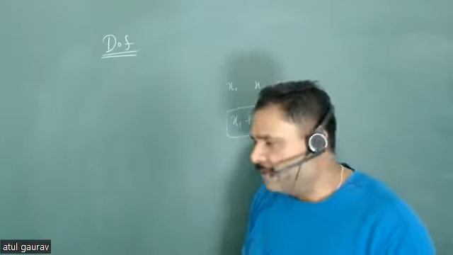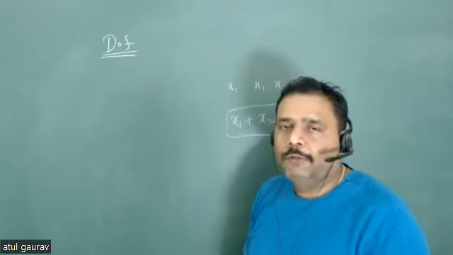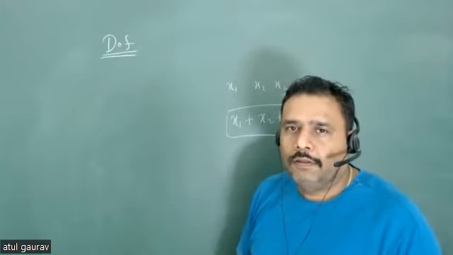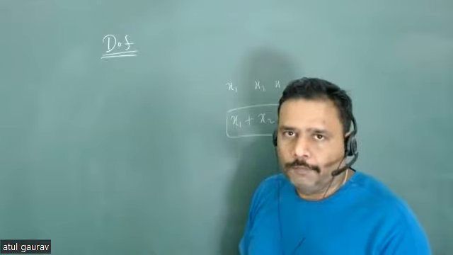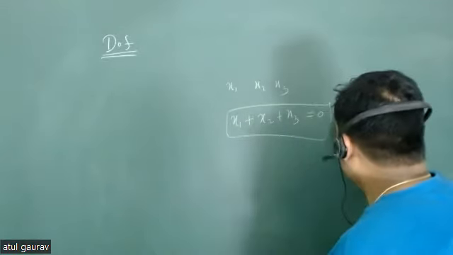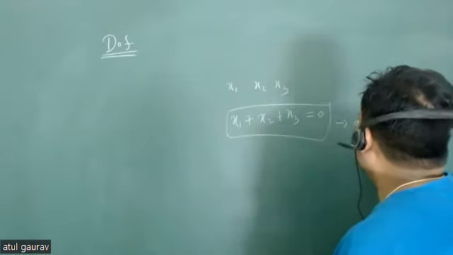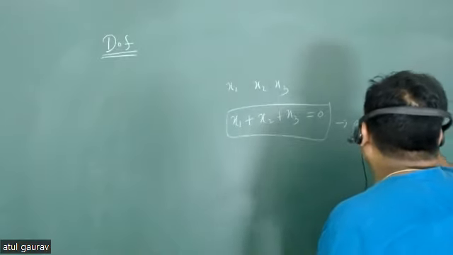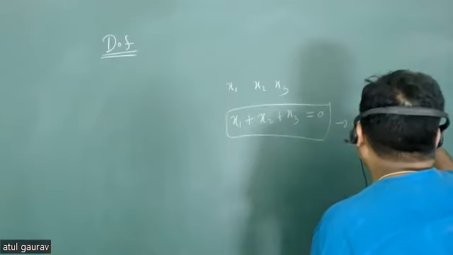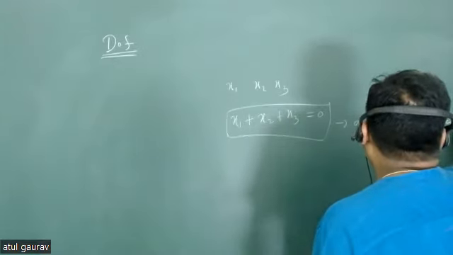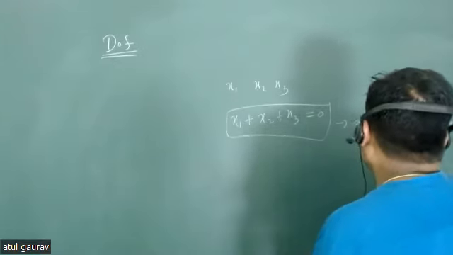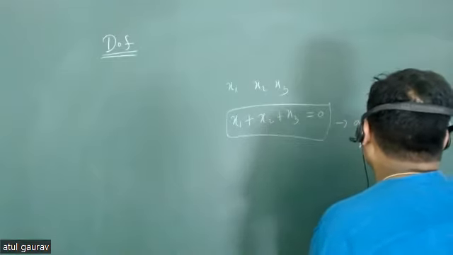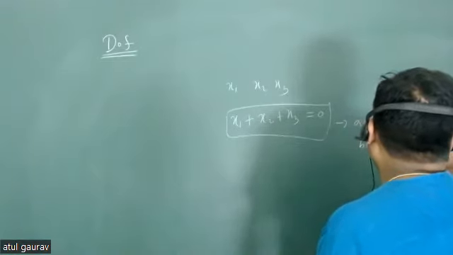No, sir, never. How many can you choose independently? Any 2. Any 2 of them can be chosen independently.